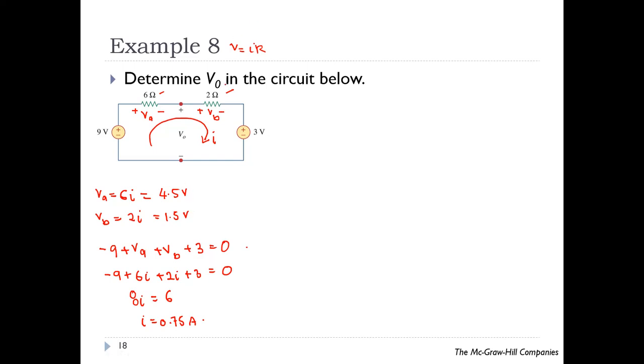But the question wants you to solve for V0. Okay, how to solve for V0? Let's redraw the circuit. Plus minus 3 volt, this is your VB.